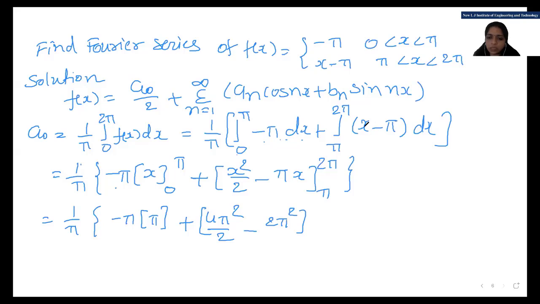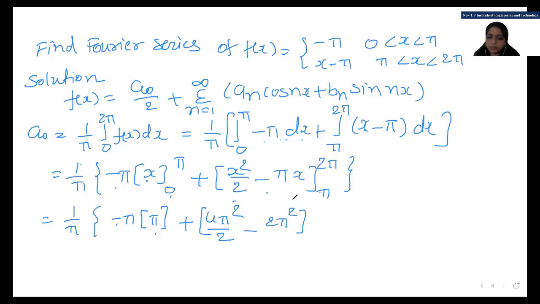Now the integration of x is x square by 2 minus pi into x, and the limits are pi to 2 pi. Now minus pi, keep it same. If I put upper limit minus lower limit, so pi minus 0 is pi. So this is for the first term.